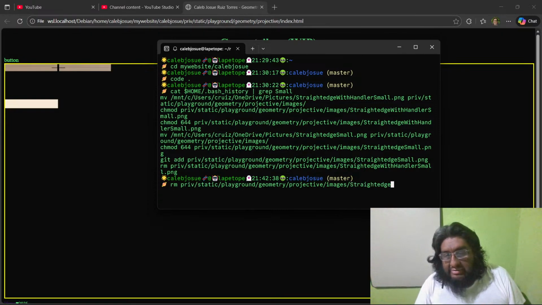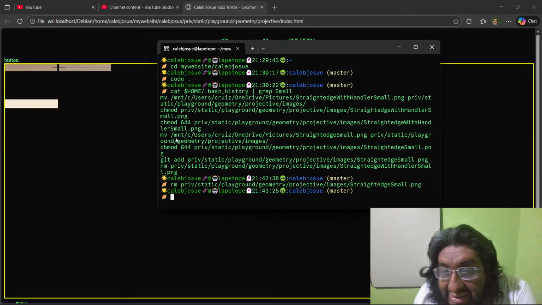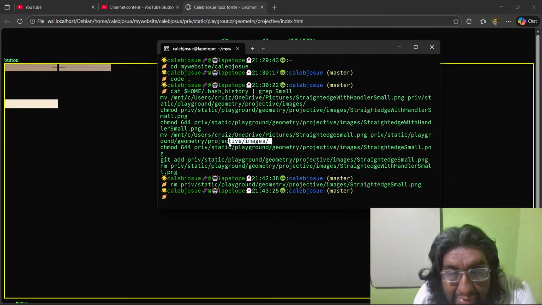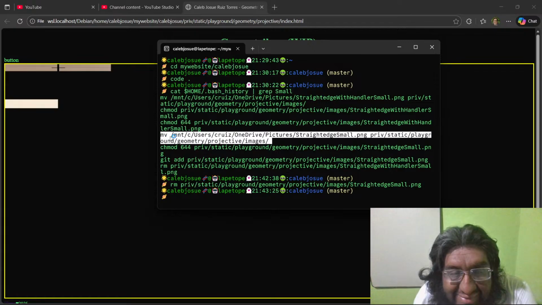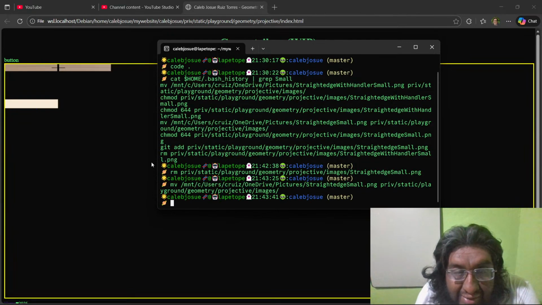Images. We are going to remove that, and we're bringing a new one with this, and then changing the.